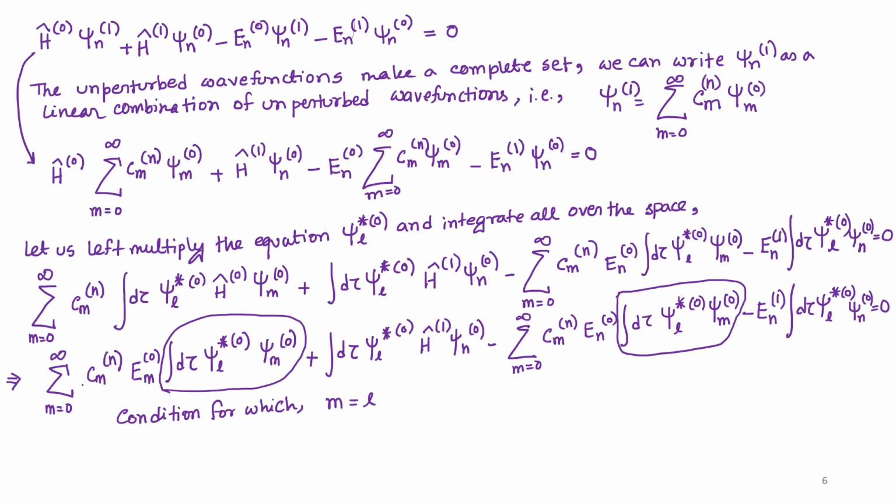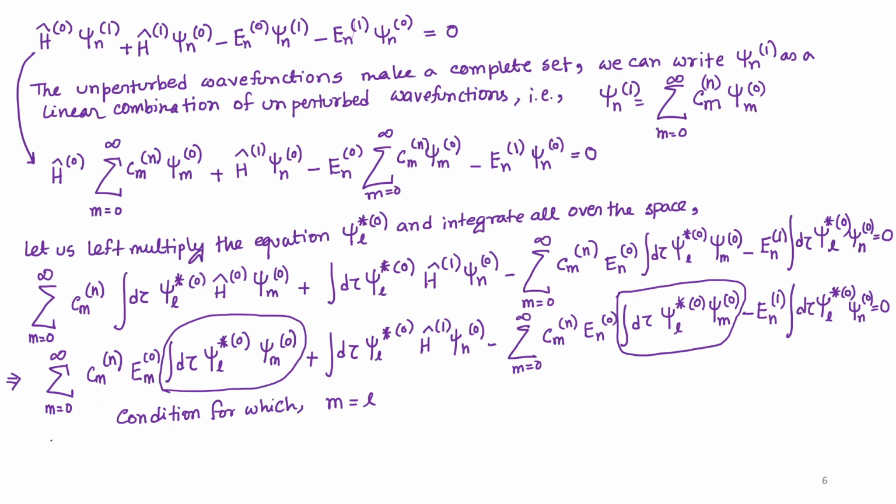So in the summation of all these terms only one value will survive. And summation means there are multiple terms, right? For m equals 0, 1, 2, 3, anything, but all the terms will vanish, only m equals l, that part is going to survive.